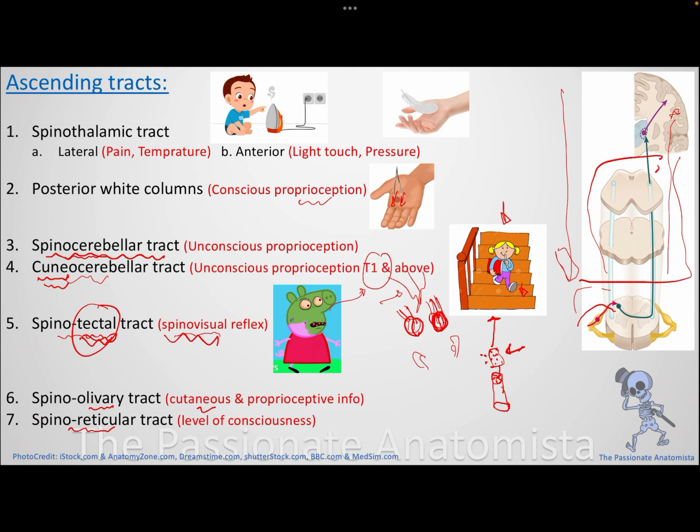Reticular means something like a web, like a meshwork. Because they found all the nuclei in the brain stem scattered, they decided to call them reticular formation. It's something that is formed in a reticular appearance, okay?